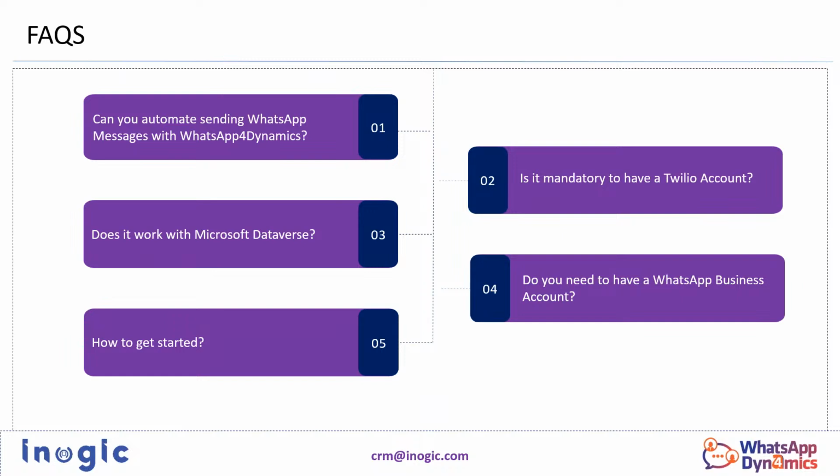How to get started? The installation and the free trial are really simple. You can download the solution from AppSource as well as from our website. You can also refer to the docs that we have online, which is docs.inogic.com. If you need any assistance, do let us know. Do you need to have a WhatsApp business account? Yes, you need to have one.